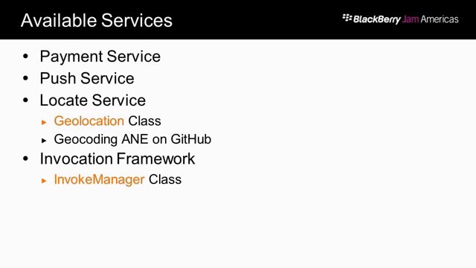And then we have the invocation framework. There's lots of different things that you can do with this. The invoke manager class is where all the APIs for the invocation framework live. So you can invoke different cards or applications. You can also share your content from there. If you have an image or some text that you want to share with other applications, you could share with email or post to Twitter.